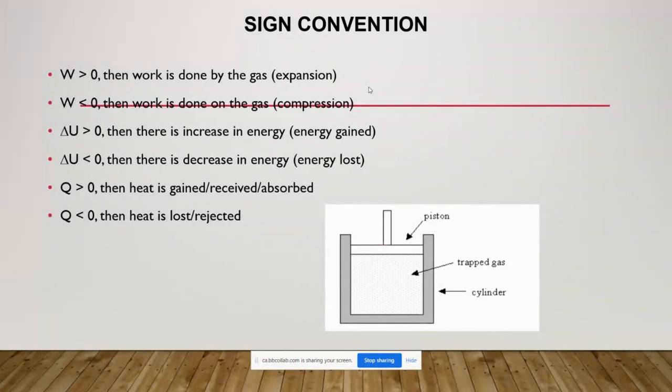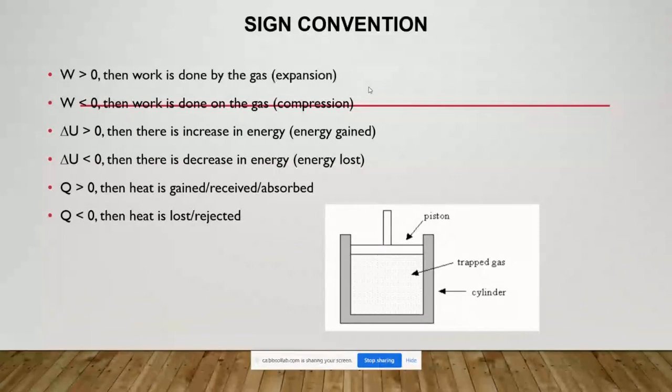In real life, you can never have a negative work done or a negative internal energy. All it shows is the direction of heat or the direction of energy. That's all it means. So we are going to start with the work done, which is most problematic to most students.